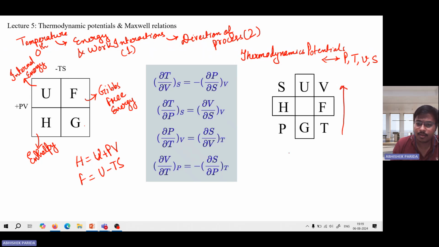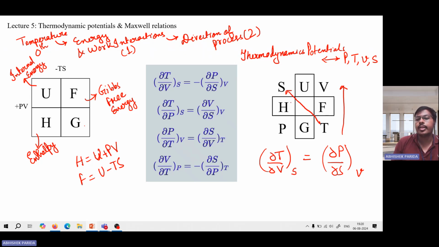This is dT by dV at constant entropy, and that constant will be the diagonally opposite. dT by dV at constant S is equal to, on the adjacent side, dP by dS, and which is the diagonally opposite of P, it's V at constant volume.